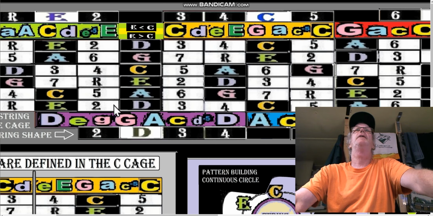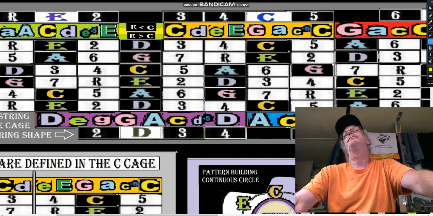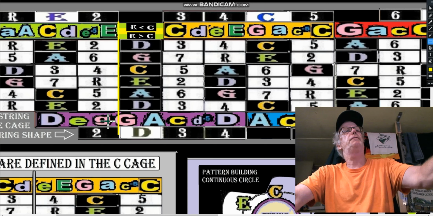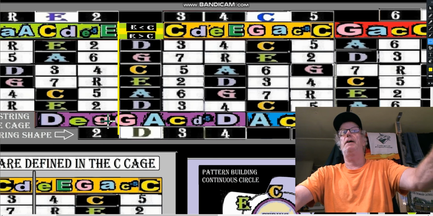So we had a fret nut right here. Okay. We couldn't access that entire E minor shaped, G minor shaped third. Remember, root 3, 5, 3, 5, 7.